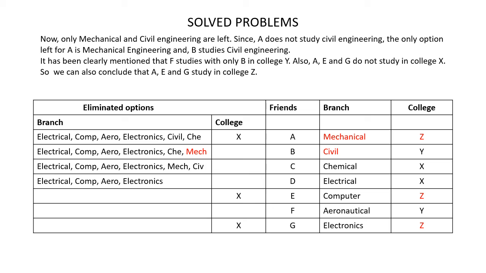Now it's been clearly mentioned that F studies in Y college only with B. So F and B study in college Y. Also we know that A, E and G do not study in college X. So we can conclude that A, E and G study in college Z. So mark Z under college for A, E and G. Now we have a completed table.